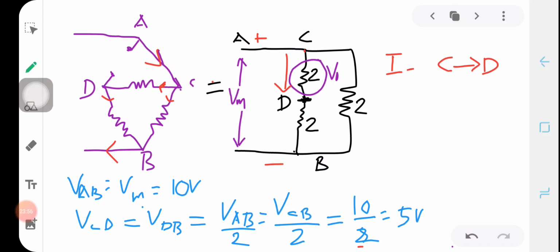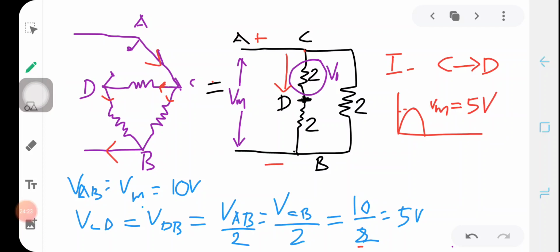So if the input is 10 volt, then during the positive half cycle we can have an output like this, and the VM is given here as 5 volt, that is, the voltage across CD is 5. So the maximum voltage will be VM, which is equal to 5 volt, and the direction of the current is from C to D.